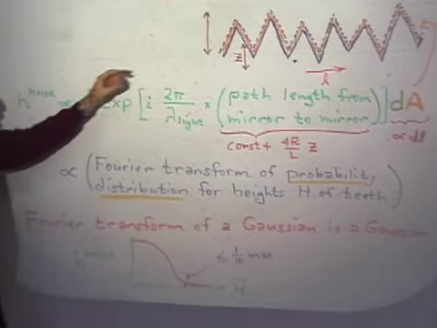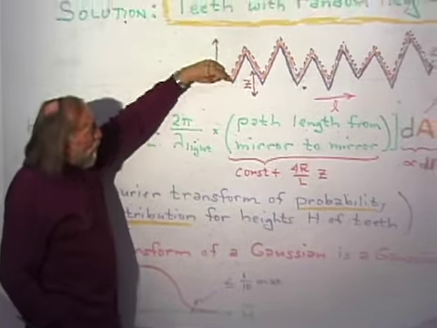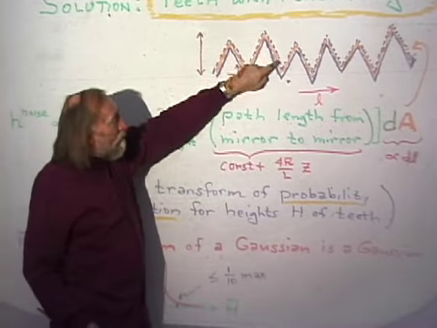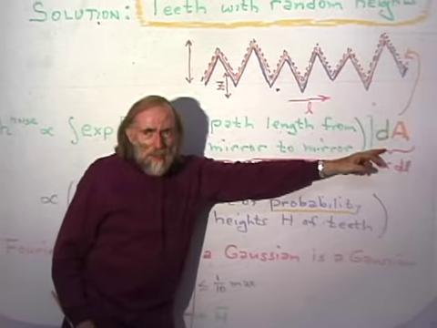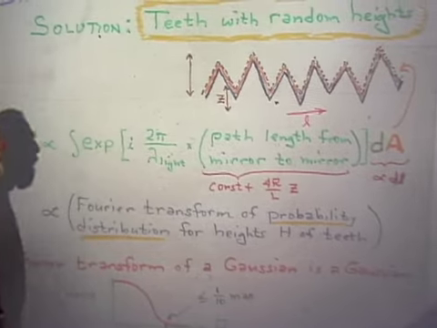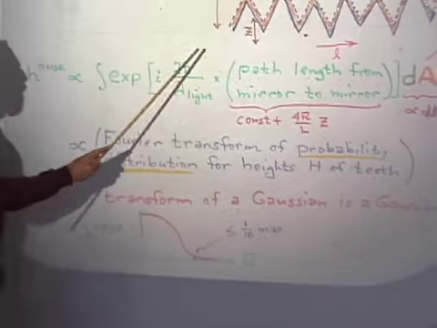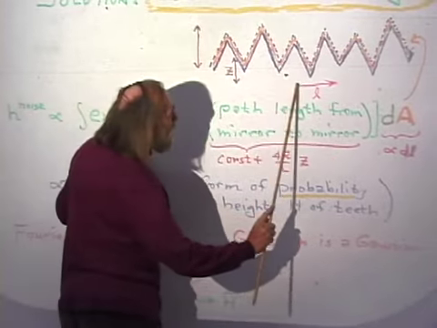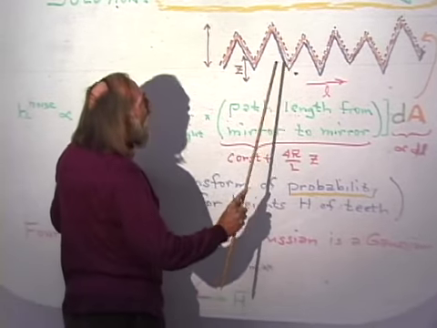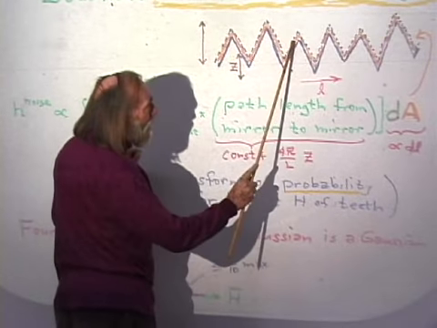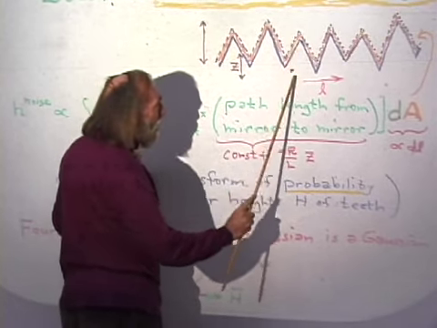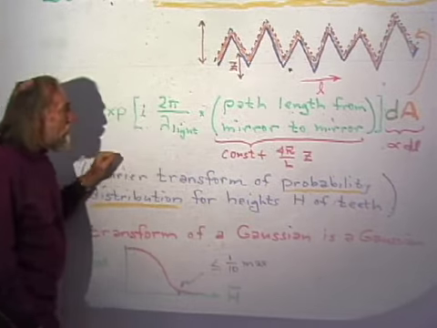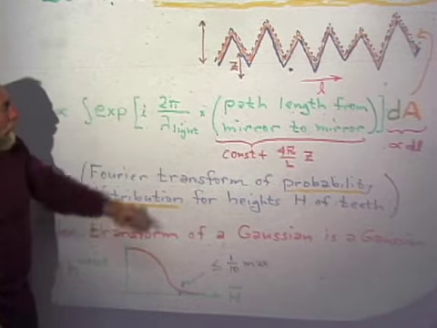And so you look at the spectral density of the motions of the baffles for covering and uncovering areas here, and you want to integrate over the area. Now, the important point is that this integral over the area is an integral over distance here and over height. And the height is basically the time-varying thing. So it's an integral over distance of something that looks like the path length from mirror to mirror.